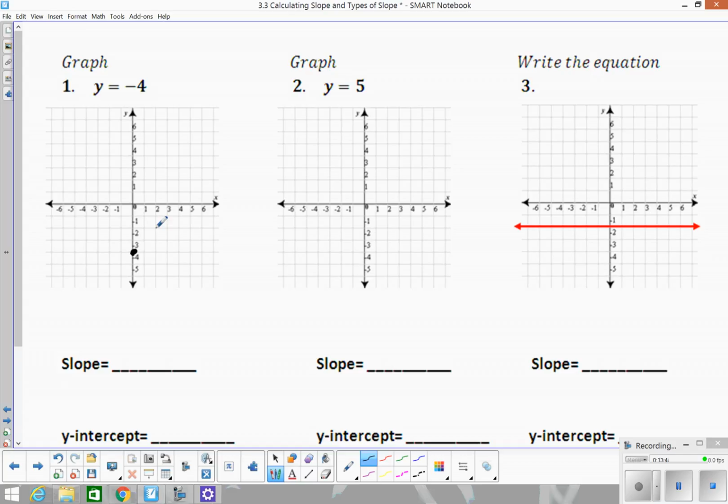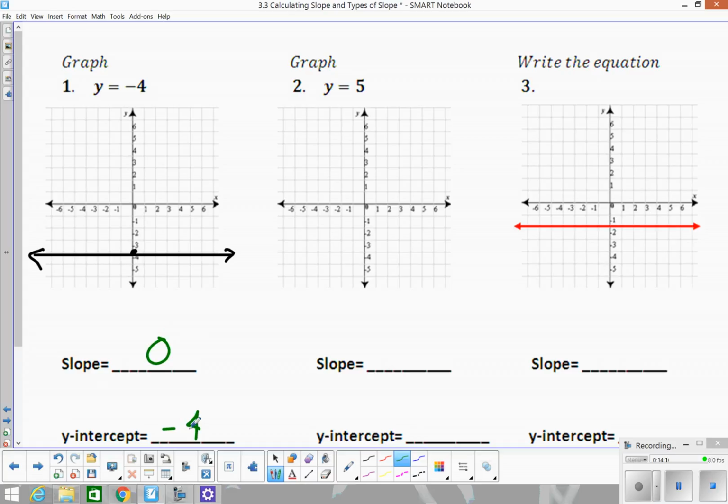Okay, and I know that it's a horizontal line because it's a y equals graph. So all I'm going to do is draw a horizontal line through that point of negative 4. And my graph looks something like that. Awesome. So here, I would say my slope is 0. My y-intercept is negative 4.